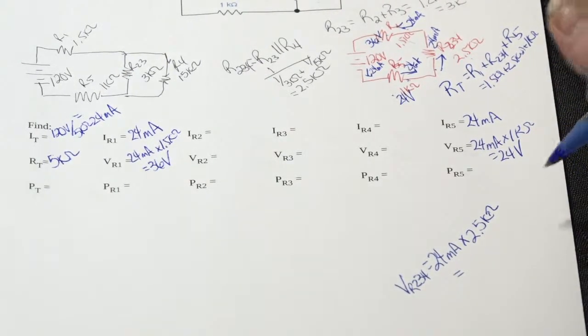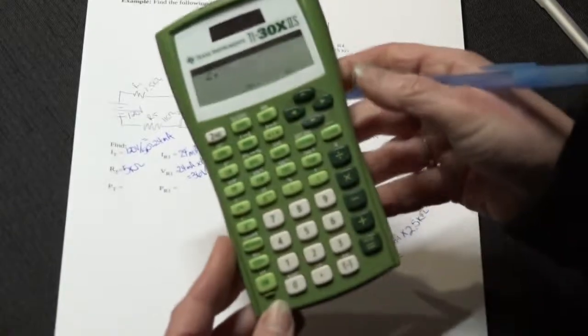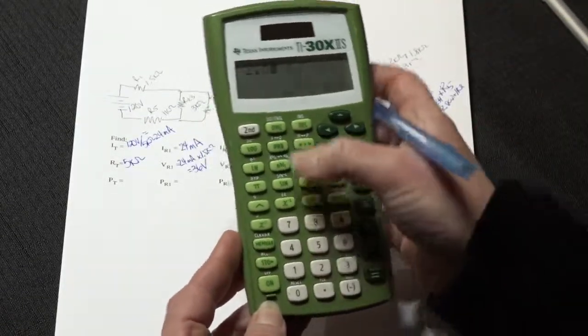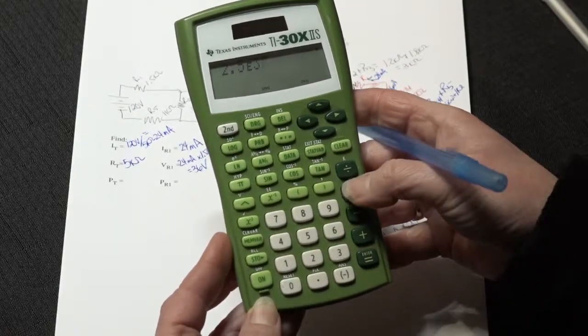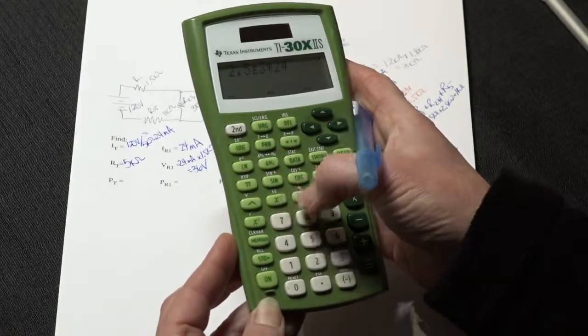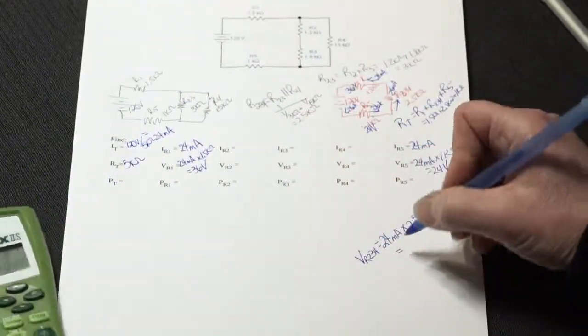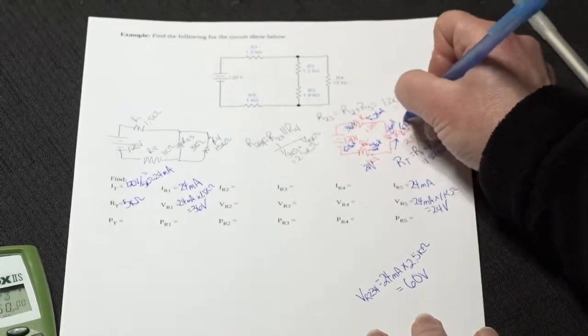And if we calculate that, we're going to go ahead and do that together. So we've got 2.5K ohms times the 24 milliamps, and lo and behold, that gives us 60 volts. So if we look, now that makes it 60 volts there.